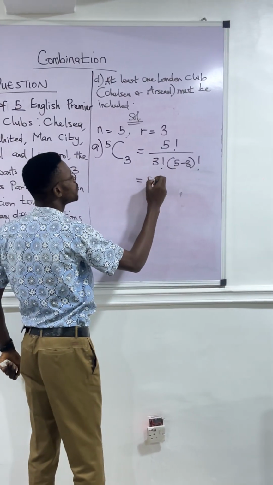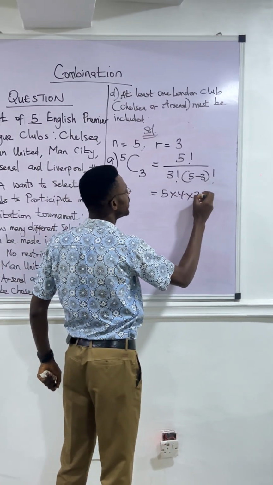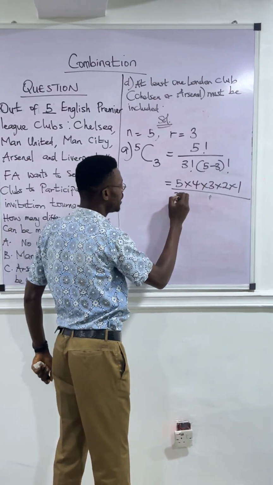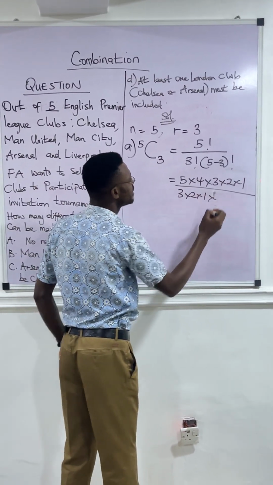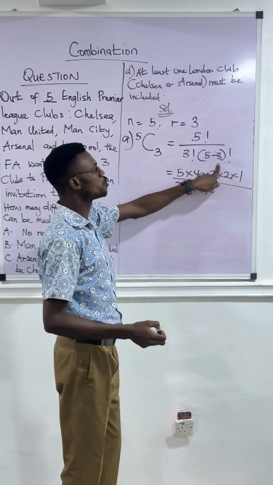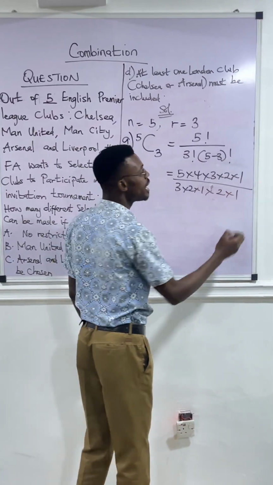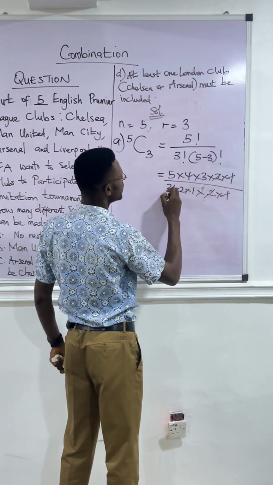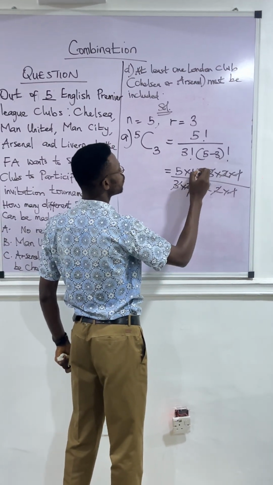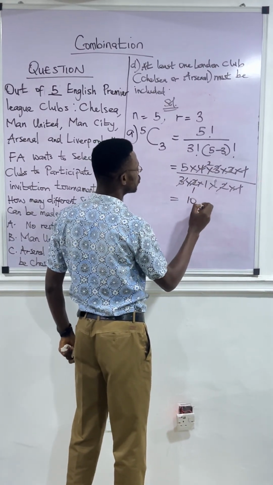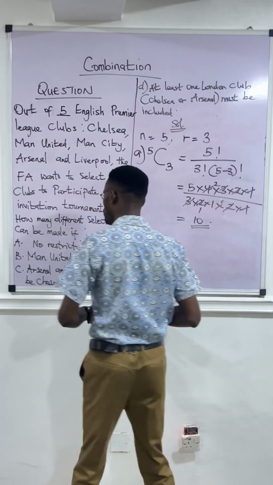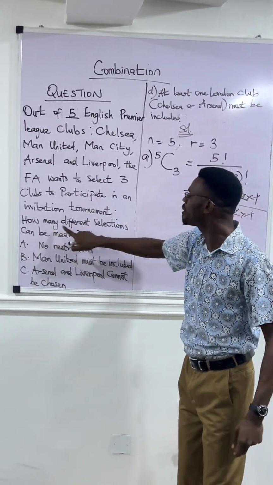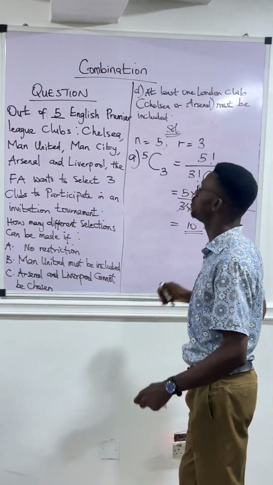So 5 factorial is 5 times 4 times 3 times 2 times 1, and 3 factorial is 3 times 2 times 1. Then 5 minus 3 is 2, so 2 factorial is 2 times 1. You discover that this takes care of this, and 2 into 4 is 2. So 5 times 2 gives us 10. Therefore, for no restriction, the number of different selections that can be made is equal to 10.